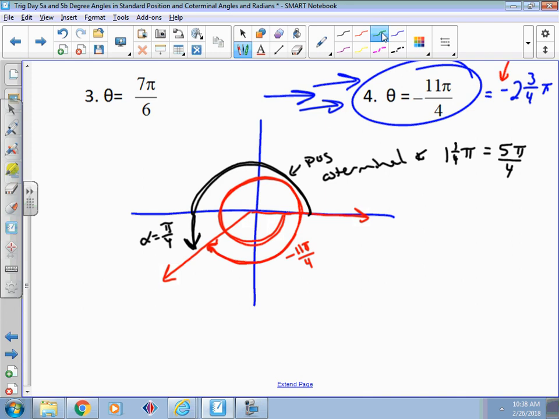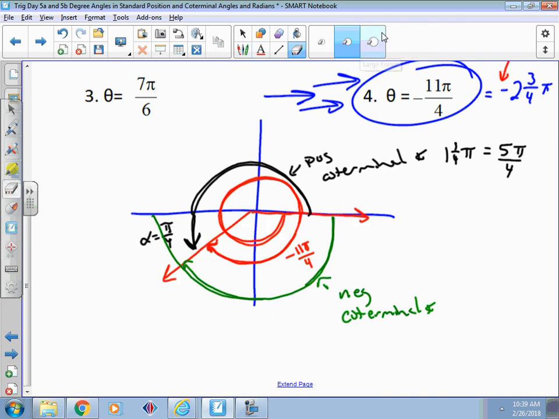Let's do a negative coterminal angle. Start at the same place, end at the same place, and just find a different way to get there. So that would be a negative coterminal angle. How do I know it's negative? Because I went in the clockwise direction. So how many radians is that? How many radians is it to get to half a circle? That would have been pi radians. Oh wait, but I didn't have a half a circle.